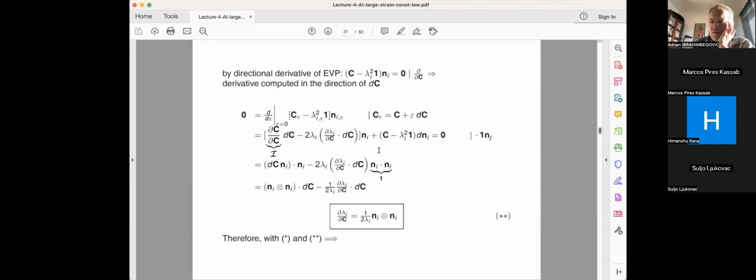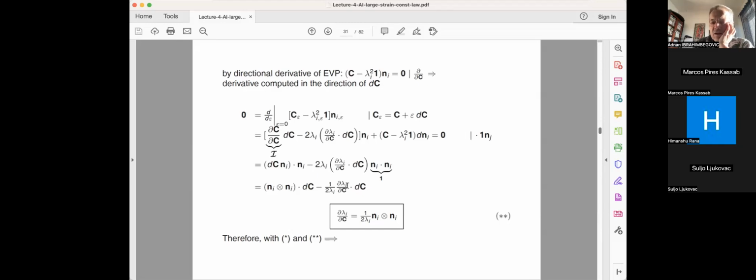So all the other terms will disappear except for the one where I and J are the same. That amounts to saying I have here dC N I dot N I, and basically I have there 2 lambda d lambda I dC dot dC, and here N I times N I. So basically this one will be kicked out because again the eigenvalue problem applies, and I'm only stuck with these 2 terms. If I look at what it is, you can write this as N I tensor N I dot dC.